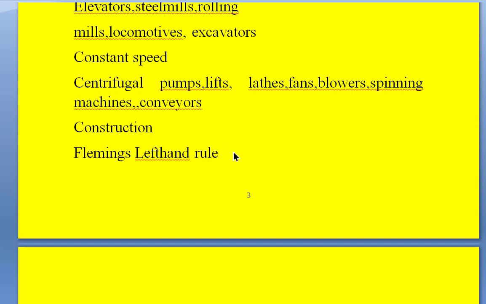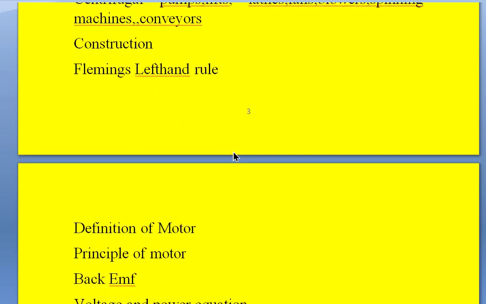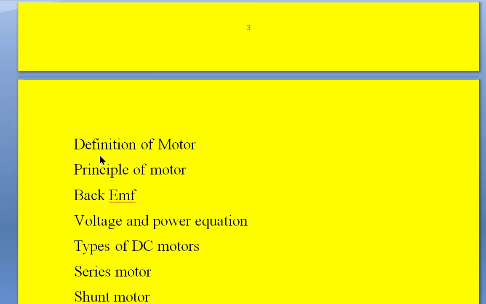It is also observed in the definition of a motor: when there is a magnetic field and a current carrying conductor, the motor experiences a mechanical force, that is, it produces mechanical output by taking electrical input.